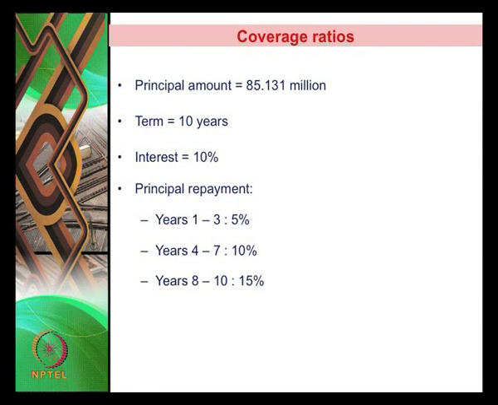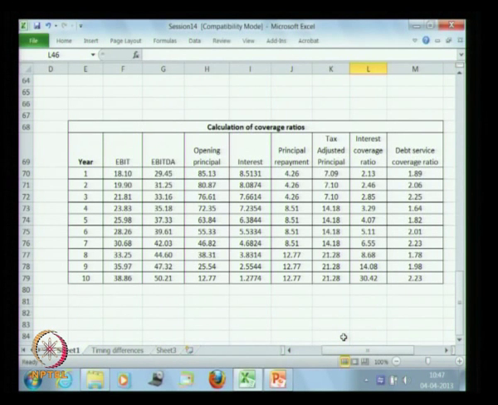So now let us use this information to calculate your coverage ratio. How do we determine the coverage and how do we calculate it is what we are trying to learn in this part. This table gives you an indication of how we calculate your coverage ratio.